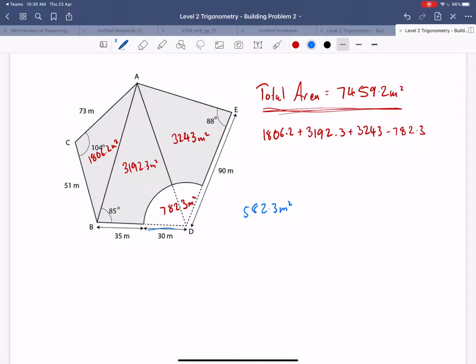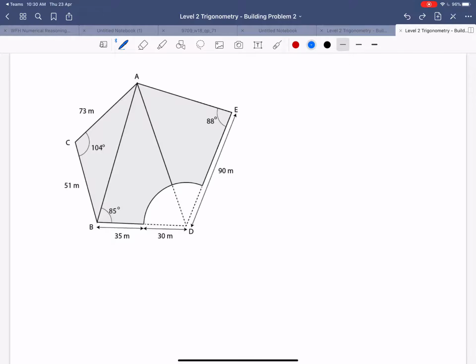Okay, so to do that, I'm going to look at another page again. So I want this to be 582.3 meters squared, and I don't know r currently. So this is the information I've got. The area of a sector is theta over 360 times pi r squared. That gives you the area.